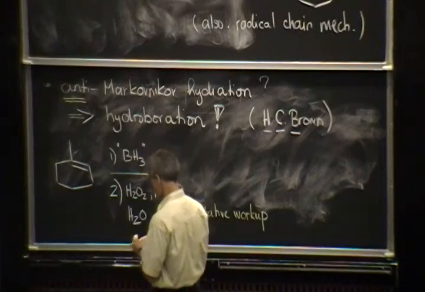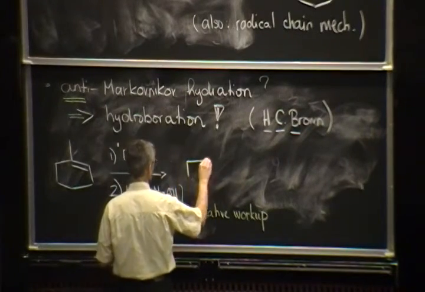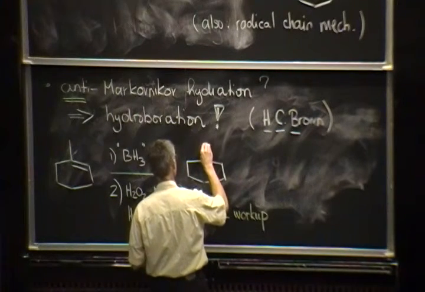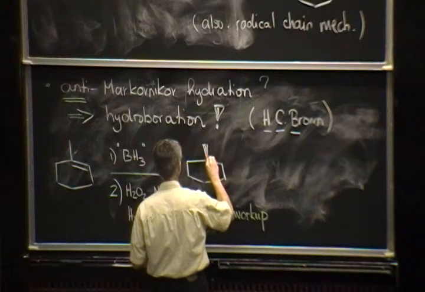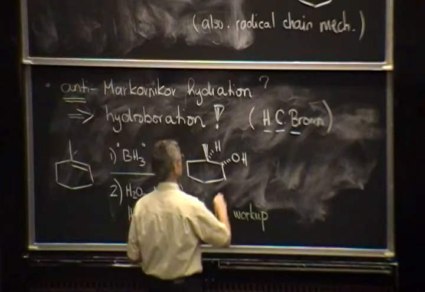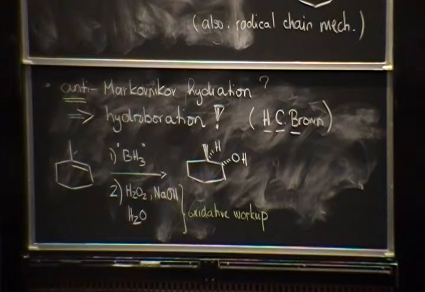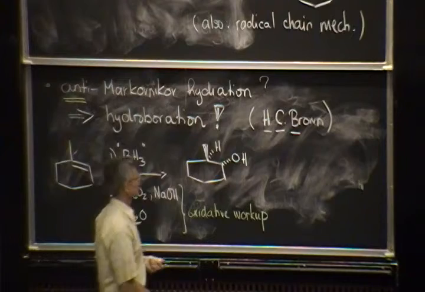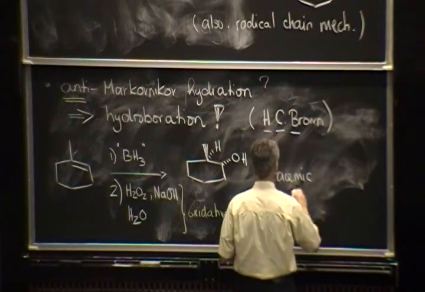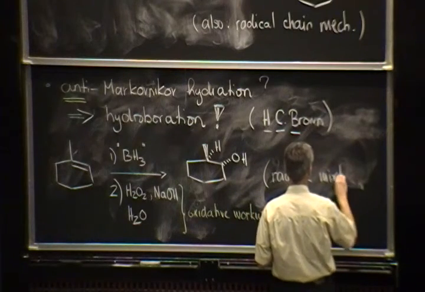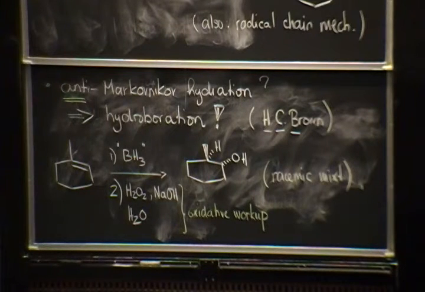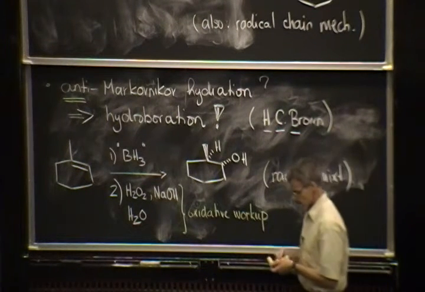Okay. And that gives us the product of the hydroboration, and lo and behold, that is an alcohol that is now the anti-Markovnikov product. And this compound is chiral, but of course in this reaction I would get the racemic mixture. So I would get the other enantiomer to the same extent. So I'm writing here in parentheses that this is obtained as a racemic mixture, but we only get the trans alcohol.